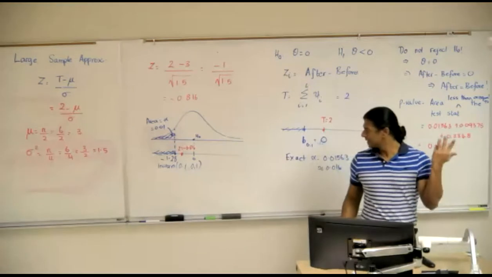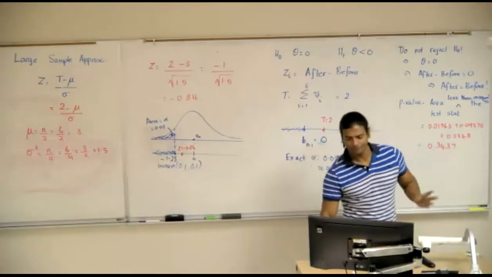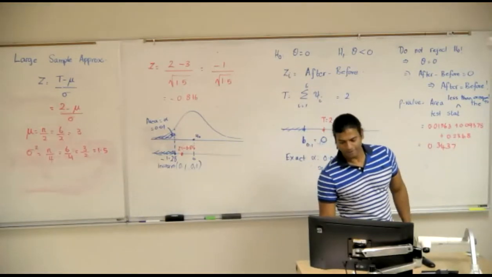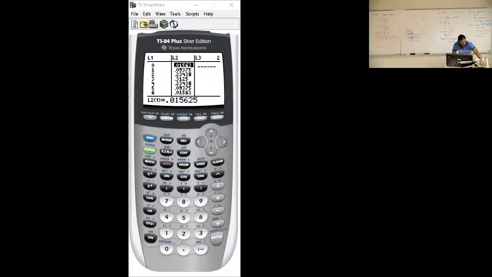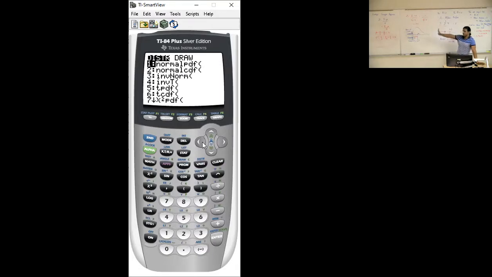So the next step is to find the p-value. How do we find the p-value? Normal CDF. We simply use normal CDF. Where should we start? We start at negative infinity because it is the area below the test statistic, and the reason for that is the same left-hand test.